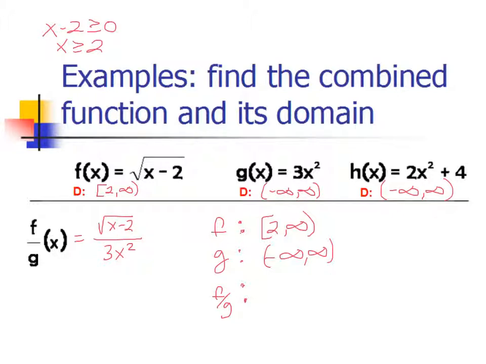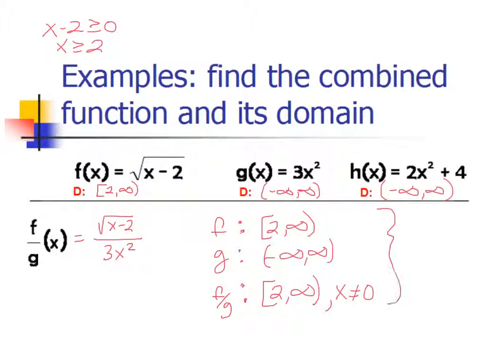So that means that I've got to make sure that it falls within this range, which is what I had written earlier for f. But I also have now created a fraction. And by creating a fraction, I have to be wary of making this denominator be 0. So I can look at that and say, well, I wouldn't want x to be 0, because that's how that's going to happen. So then not only do I have to go from 2 to infinity, but x also cannot be 0.